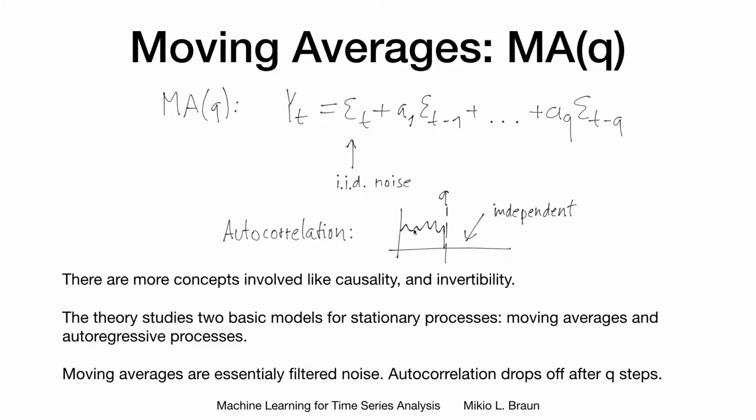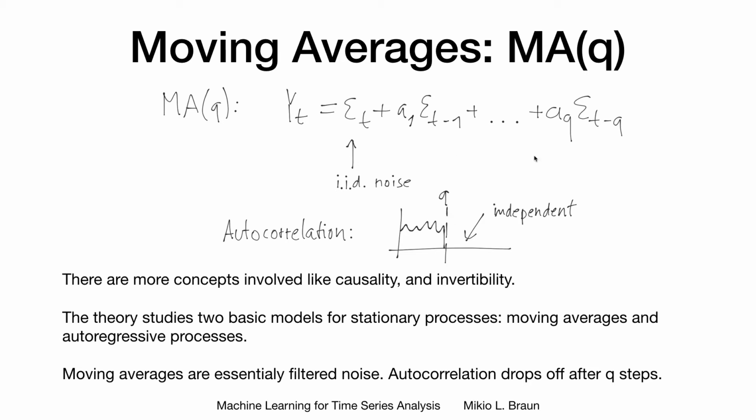If you look at the autocorrelation, this is the way it is usually plotted. You have the correlation of the time point with itself, that's always 1, and then as you move away you look at the correlation of y_t with a point which is k time steps in the past.